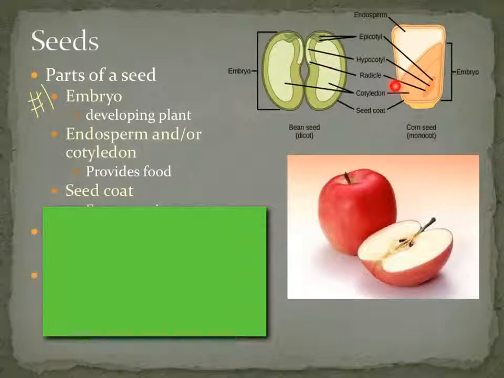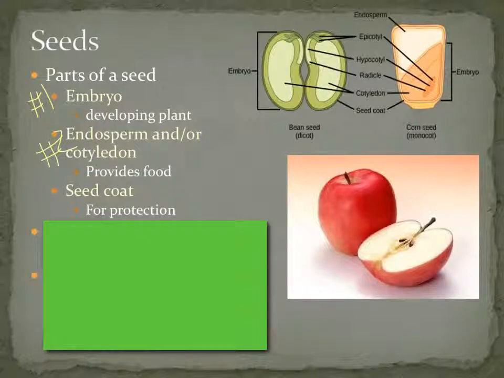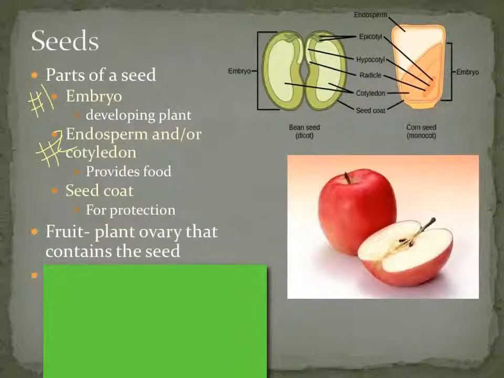And this is basically just food for the growing embryo, so they can stay alive. And then you also have a seed coat, which provides protection for the seed. So you've got a developing plant, and you've got a coat to keep it protected, and you've got food.